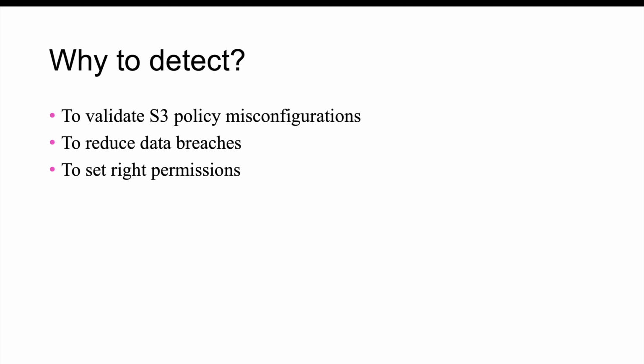Let me show the SPL which detects the S3 buckets that are exposed to public. Before doing that, please note that there are other ways to make an S3 bucket available to public, but in this video, I'll only focus on detecting S3 buckets exposed to public through S3 bucket policy.